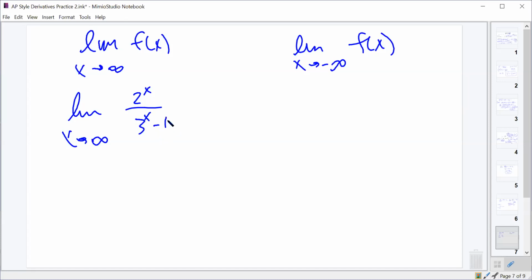But that minus 1 will end up becoming insignificant. So we could say that this is the same as the limit as x approaches infinity of just 2 to the x over 3 to the x. And if they're both raised to the power of x, that'd be 2/3 to the x. And what happens if I take a fraction that's between 0 and 1 and raise it to a very large power? What happens to that?